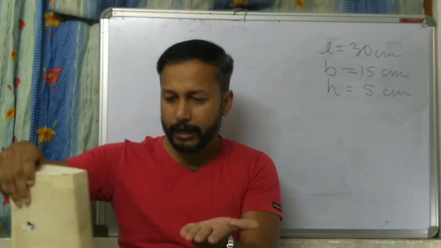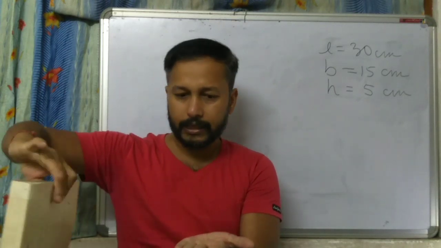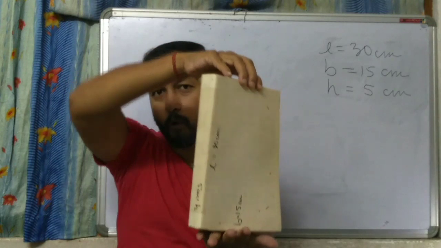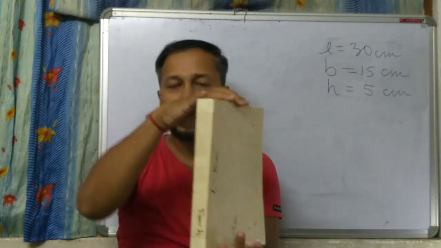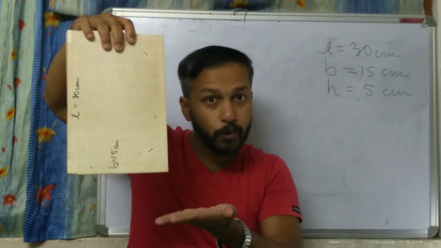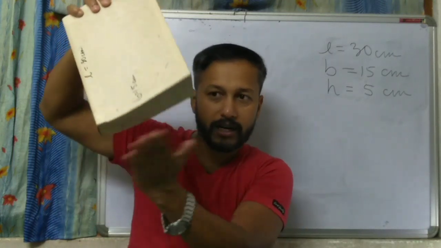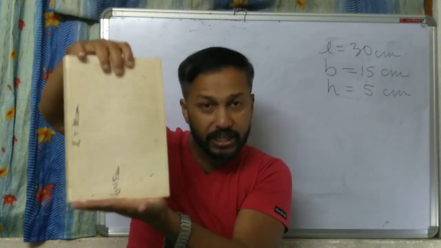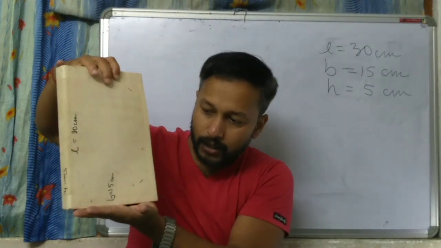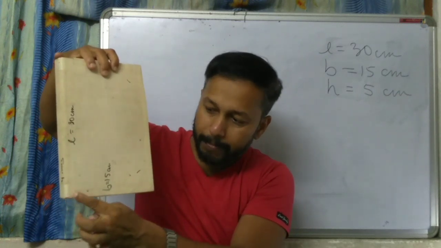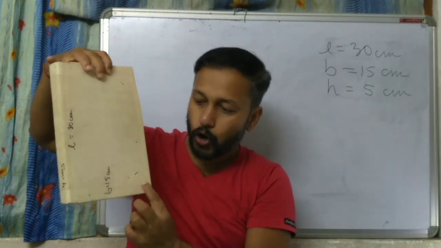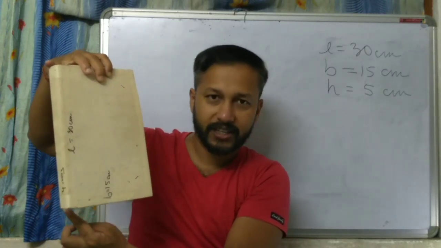Now, if I keep your book this way, then which portion of this book is in touch with the table? Which portion? Only this portion is in touch with the table. And what are the sides which are in touch? Breadth and height. Length is not in touch. Only breadth and height. Fine.